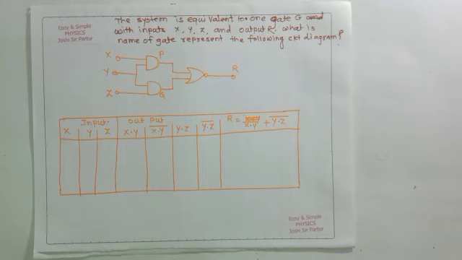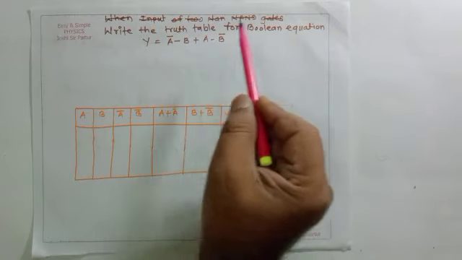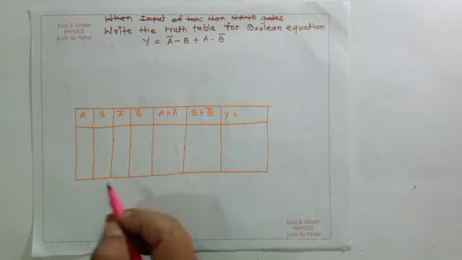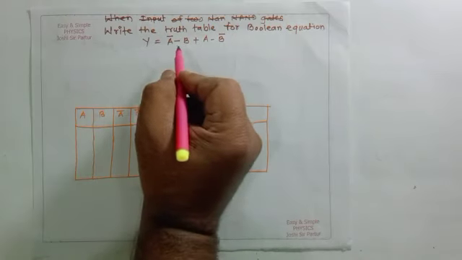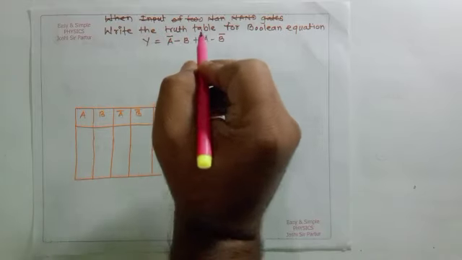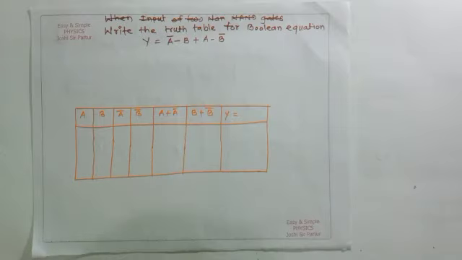If another question is given like this: write the truth table for the Boolean equation Y is equal to (complement A minus B) and (complement A minus complement B).